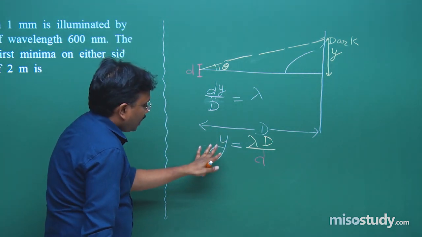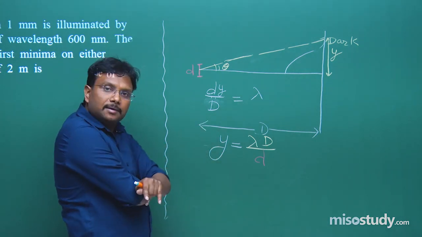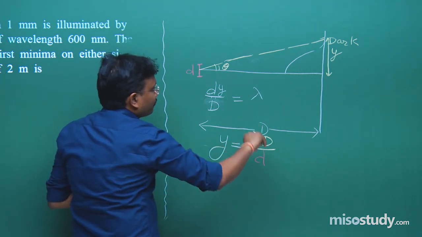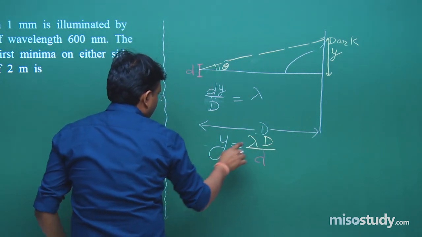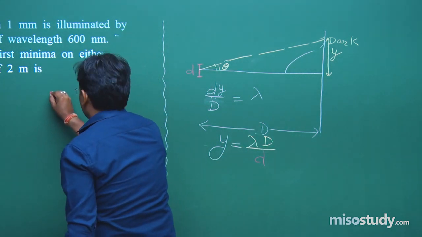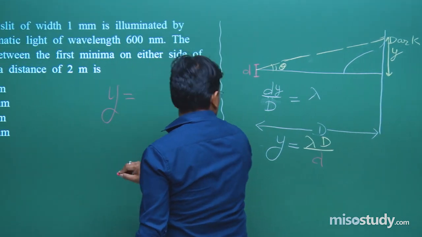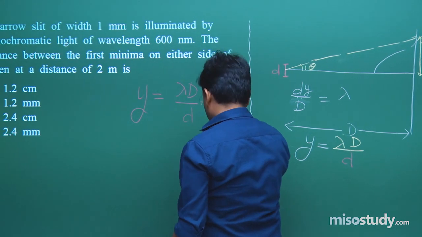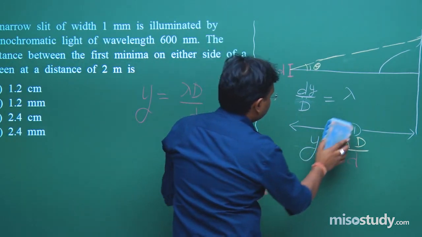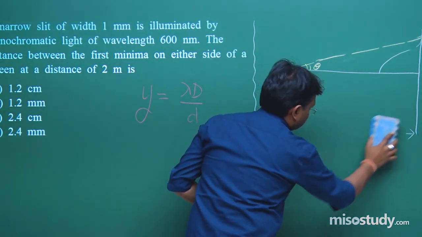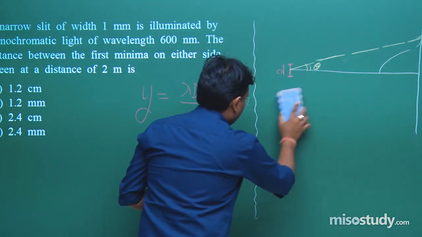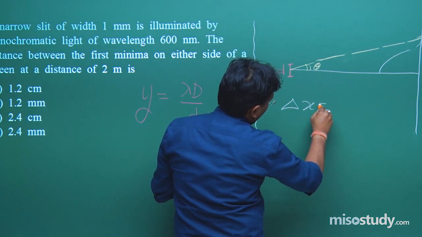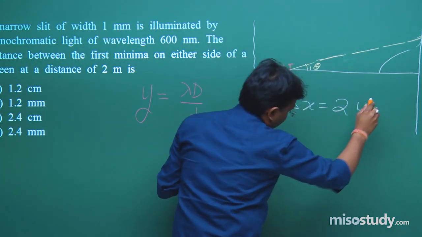Now, delta x is equal to 2y, why? This way. So, let us use this relation over here. y is equal to lambda D by d. Erase out this, and then I can say that delta x is equal to 2y. Fine.